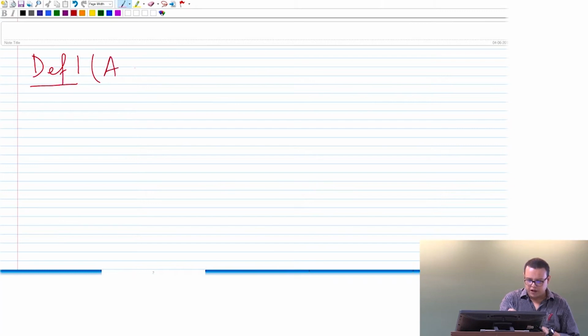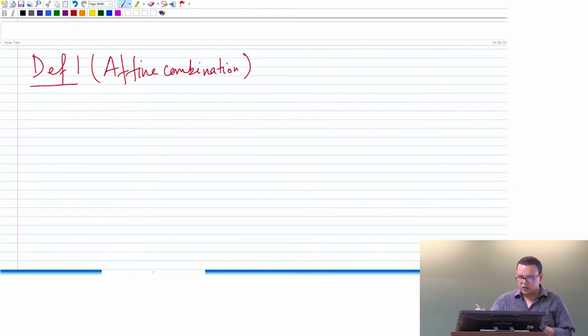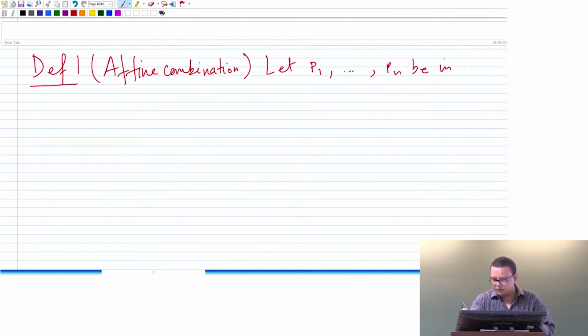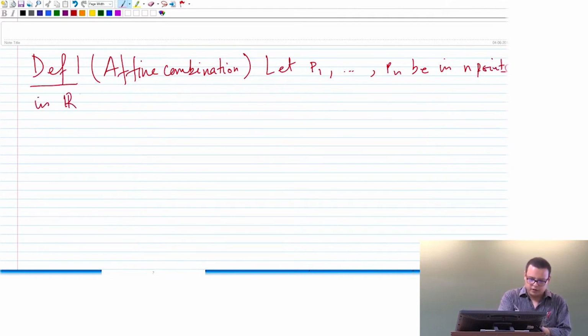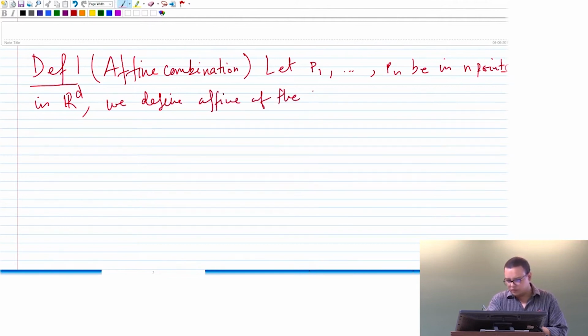Okay. So let me give you some definitions. So what is something called an affine combination? Okay. So let P1 to Pn be n points in R^d. Okay. We define the affine combination of these points in the following way.